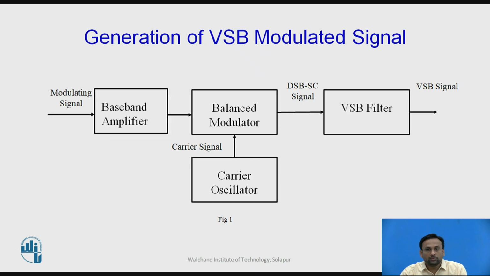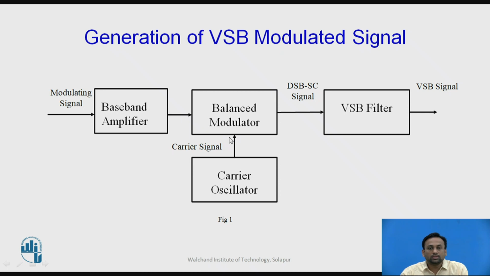This is the block diagram for the generation of a VSB modulated signal. This is the modulating signal, the information signal which you are going to transmit. This is the baseband amplifier, whose output is given to the balance modulator.